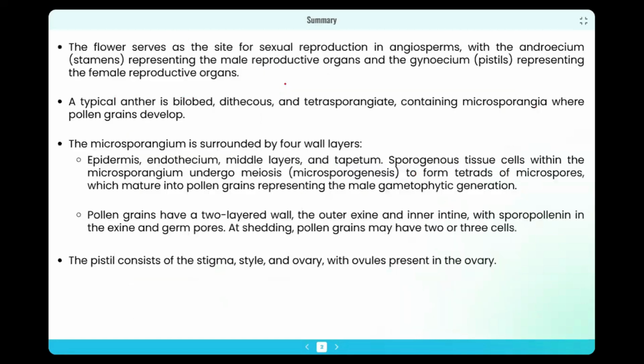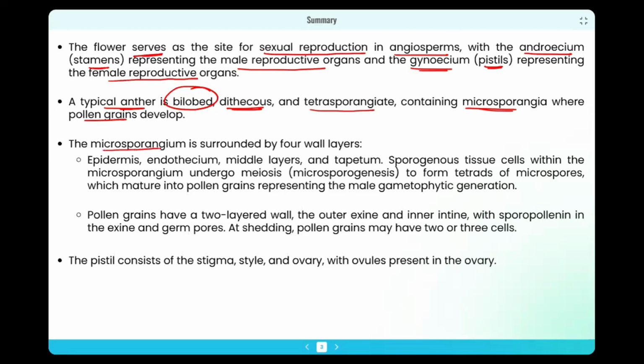The flower serves as a site for sexual reproduction in angiosperms, with the androecium, that is the stamen, representing the male reproductive organs, and the gynoecium, which is the pistil, representing the female reproductive organ. A typical anther is bilobed, dithecous and tetrasporangiate, containing the microsporangia where pollen grains develop.